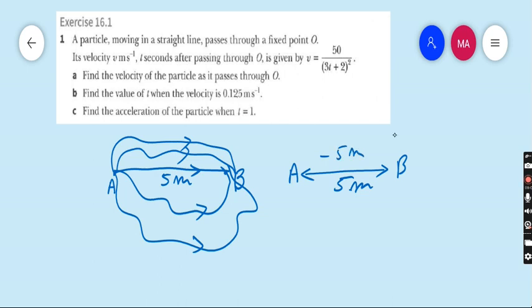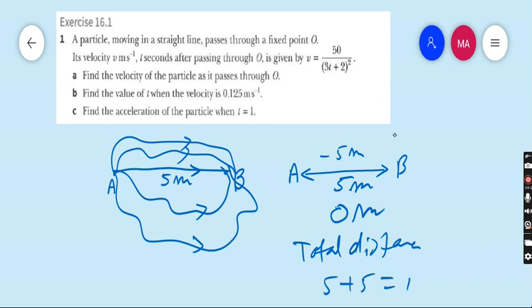The total displacement from A to B and back from B to A is 0 meters, because -5 plus 5 cancels. But the total distance is 5 plus 5, equal to 10 meters. This is the difference between displacement and distance.